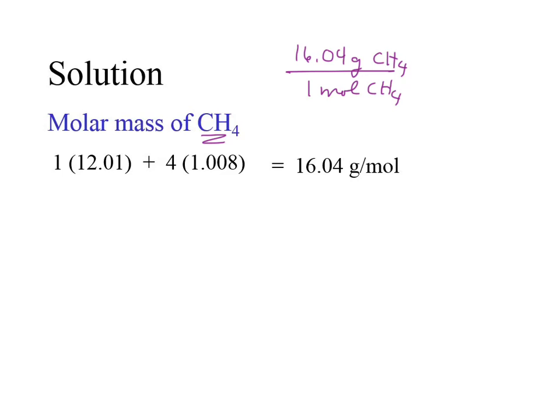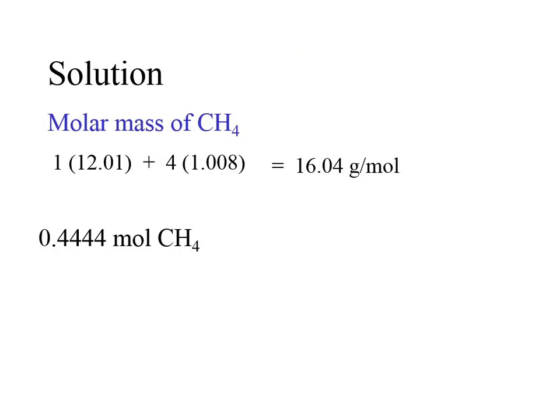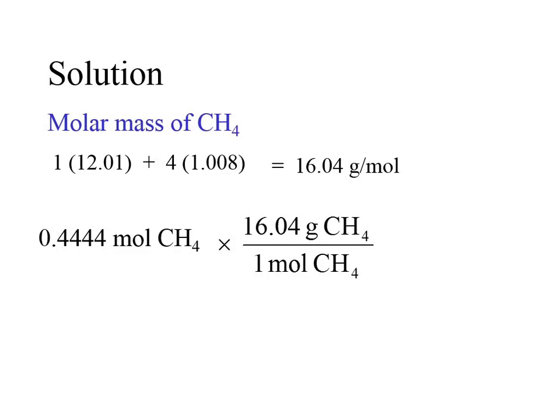So the first term is going to be 0.4444 moles CH4 over 1. Now, how many people think we're going to use the molar mass just as it is, without flipping it? I see a head nodding. Yep. That would be the case. So if we go ahead and just insert our molar mass, 16.04 grams over 1 mole, the moles cancel.